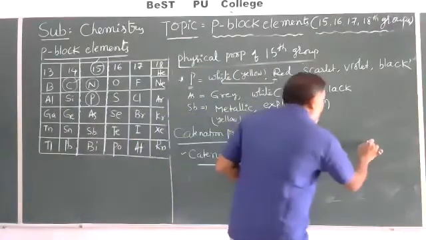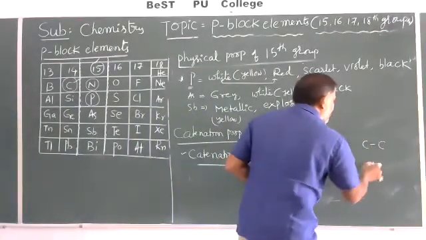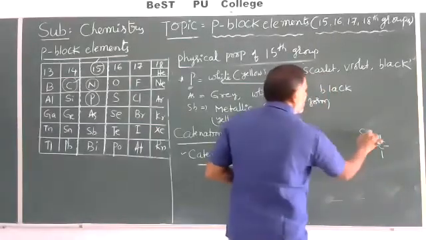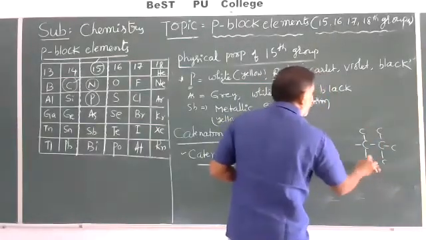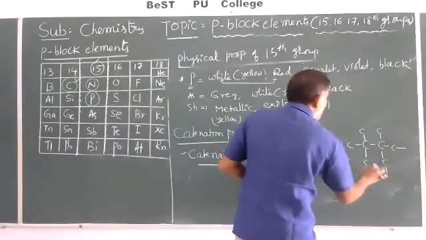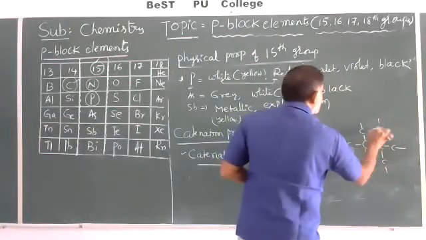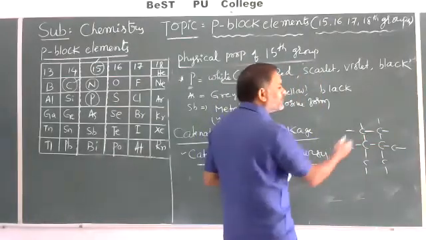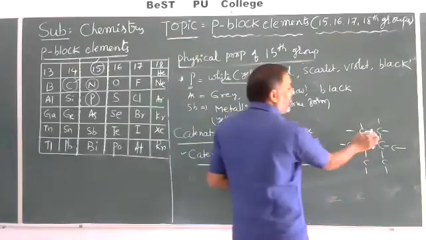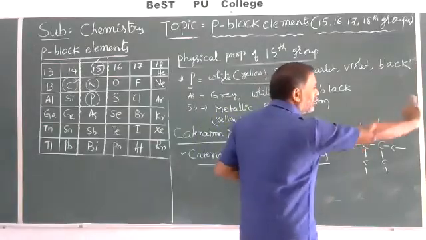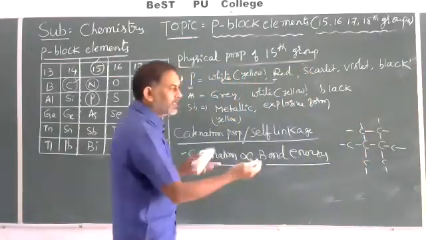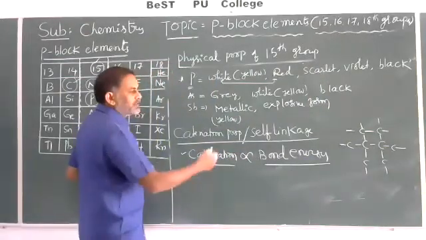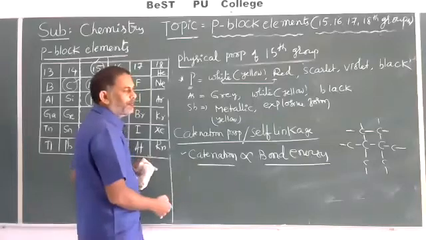Due to the good carbon-carbon bond strength, self-linkage is more, and carbon atoms combine to form innumerable carbon compounds due to tetravalency and catenation property, forming long chains, rings, or cyclic forms. Carbon has the highest catenation property among all known elements.